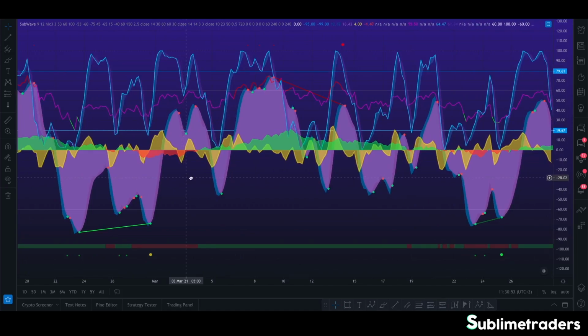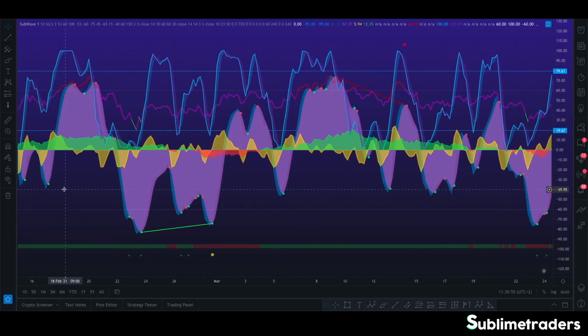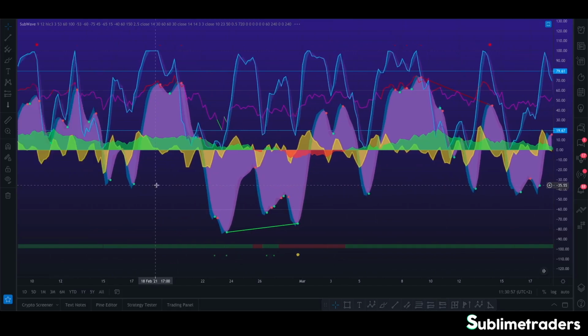So now that we have a general view of the elements that are embedded into the indicator, let's look at the elements on the bottom right here. So basically you have a bar that is showing you the status of the money flow. So you see you have green.